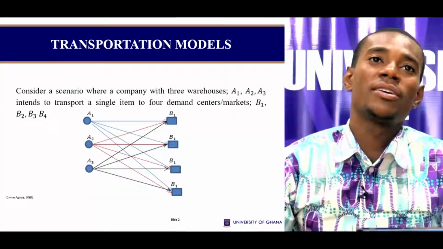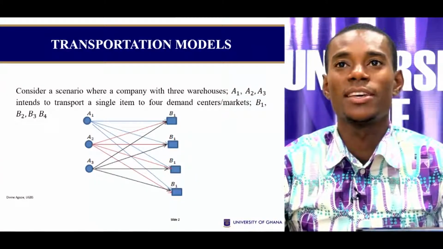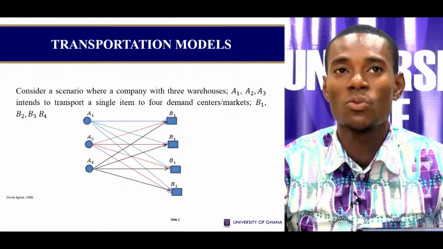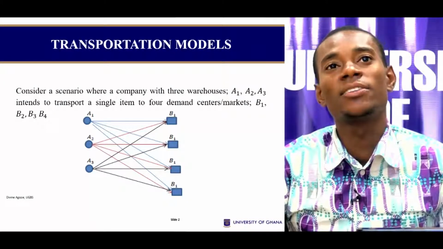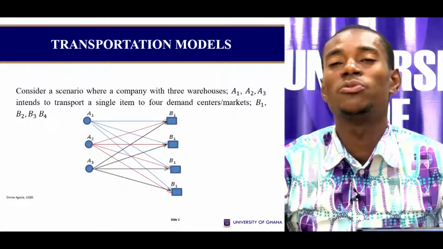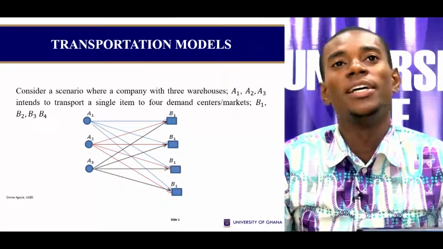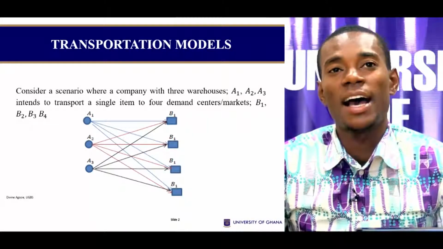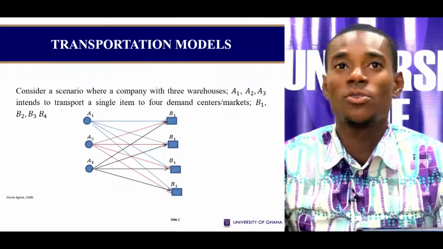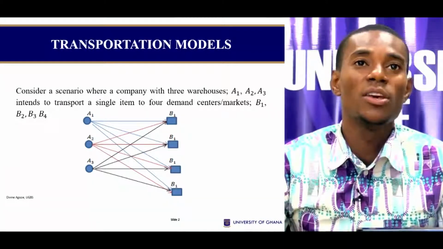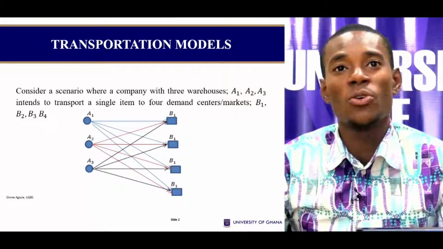Consider a scenario where a company has 3 warehouses, let's say A1, A2, A3, the warehouses from the diagram on the left, and intends to transport a single item to 4 demand centers, say B1, B2, B3, B4. It is possible that the item from warehouse or source A1 could be moved to point B1, B2, B3 or B4.